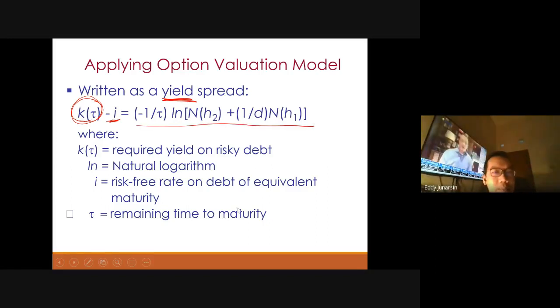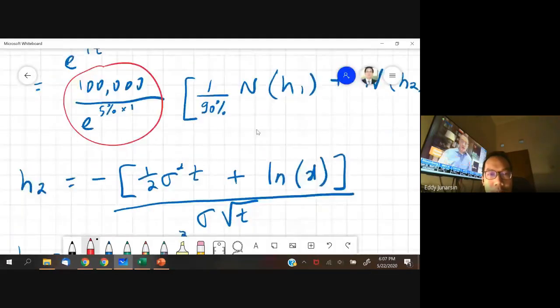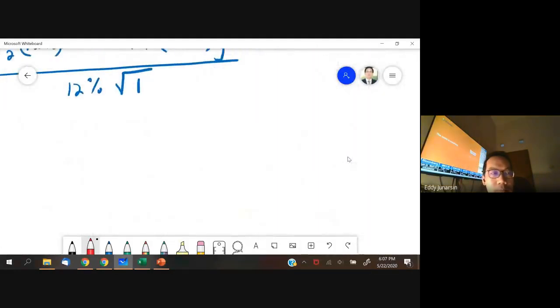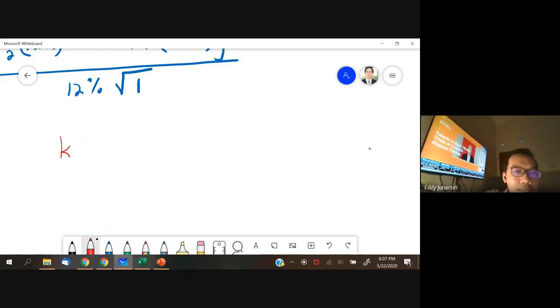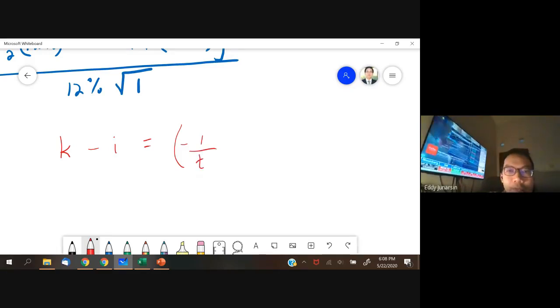Let me write it down on the blank sheet. Let's say this is the market rate on the loan minus the risk-free rate. This could be estimated as -1 divided by time.